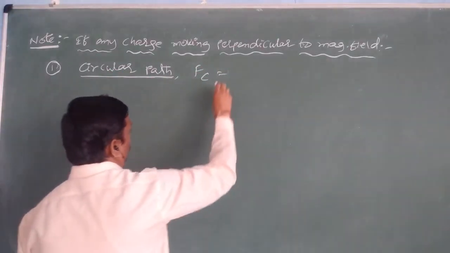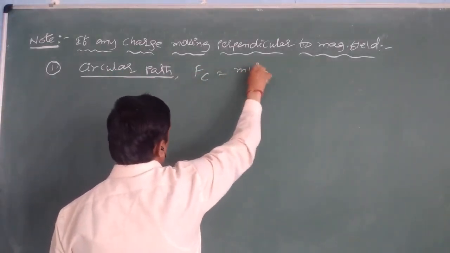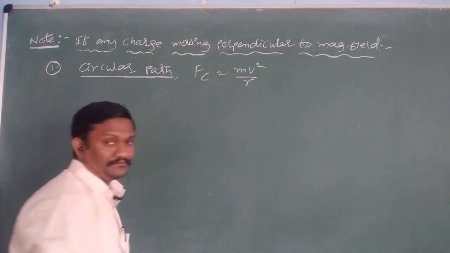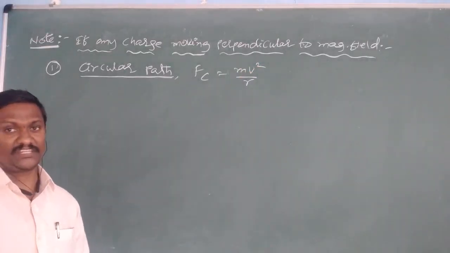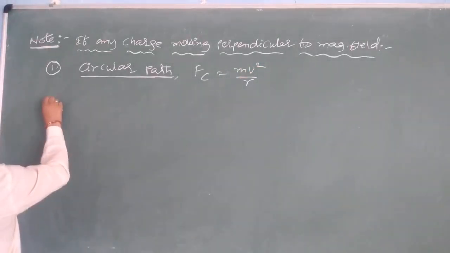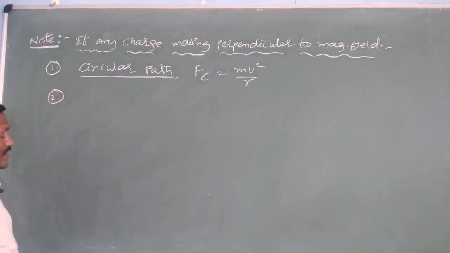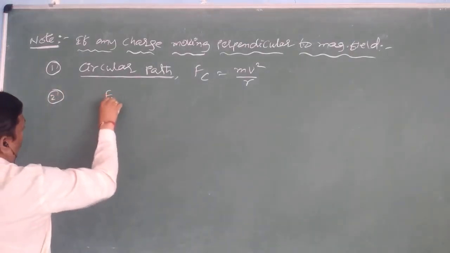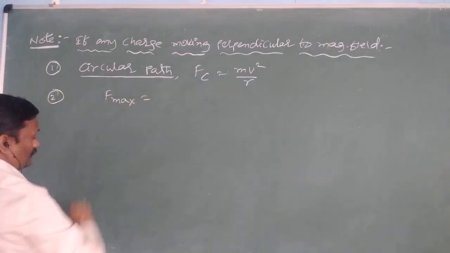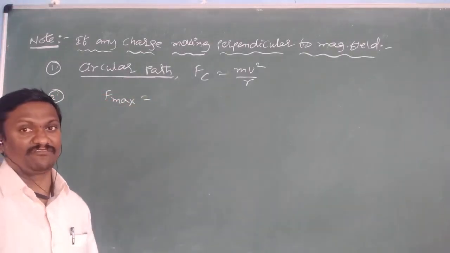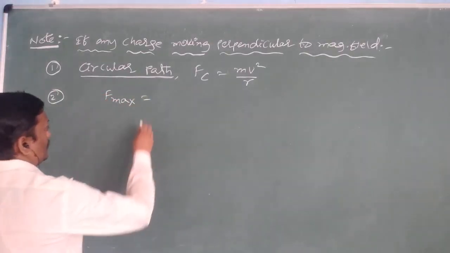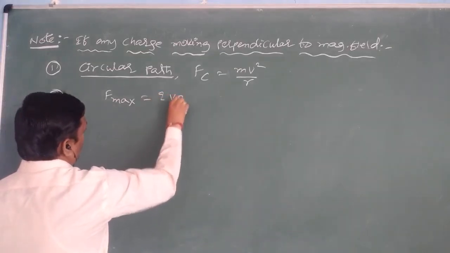The expression for centripetal force is F is equal to mv square by r. On a charge moving perpendicular to the magnetic field, the maximum magnetic force acts. We know the expression for maximum magnetic force, Fm is equal to qvb.